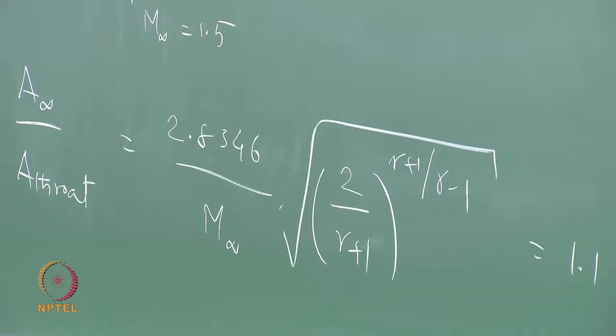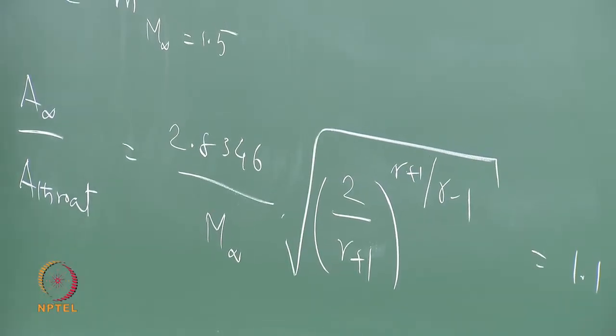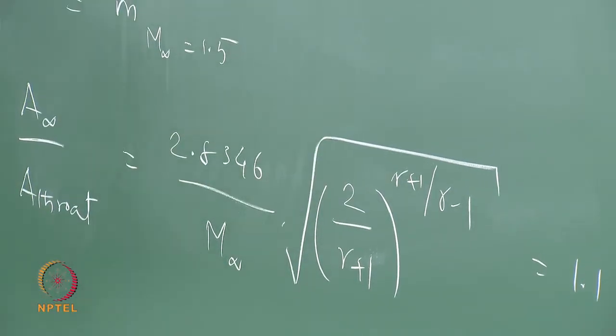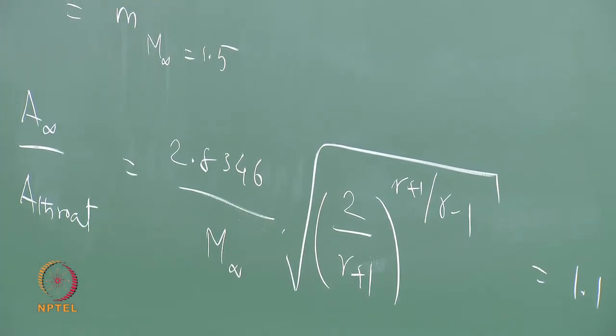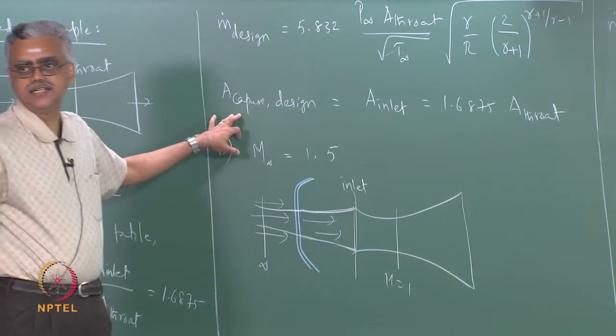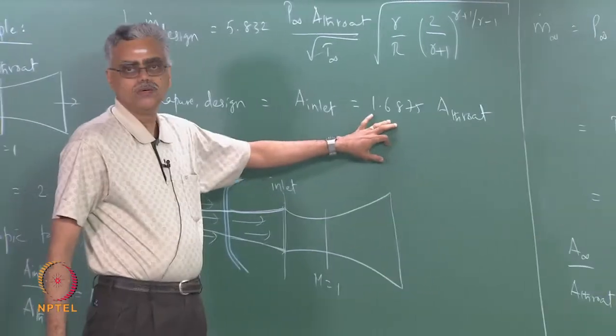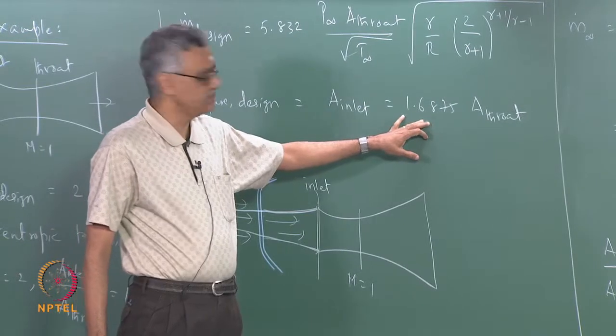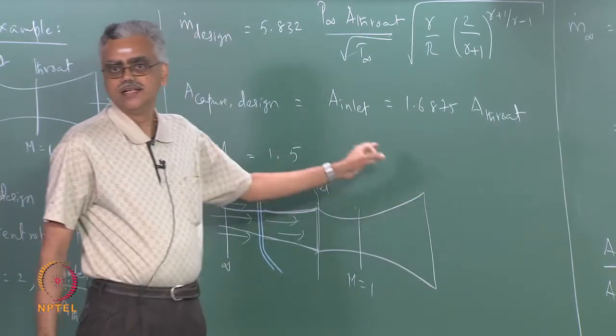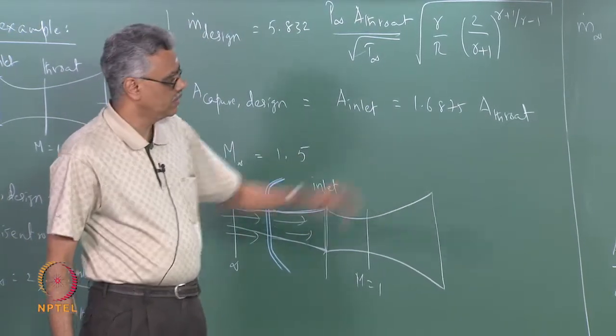So, this is the capture area. A infinity divided by A throat is 1.1 in this case, and if you remember, for the design condition the capture area A infinity divided by A throat would be 1.6875. So, you can see that the capture area has indeed decreased when we reduce the Mach number.